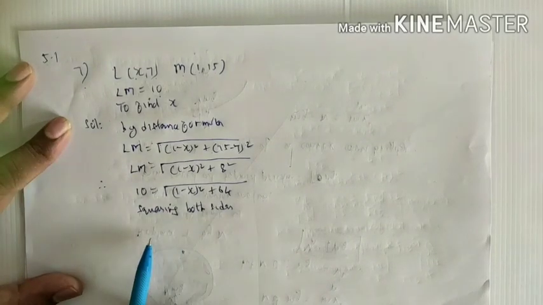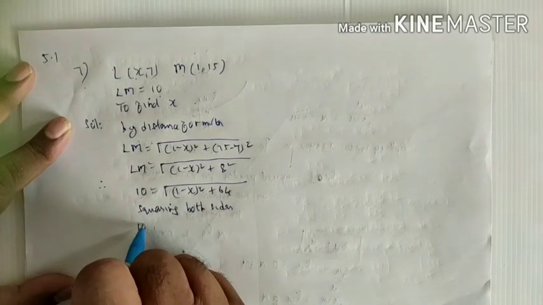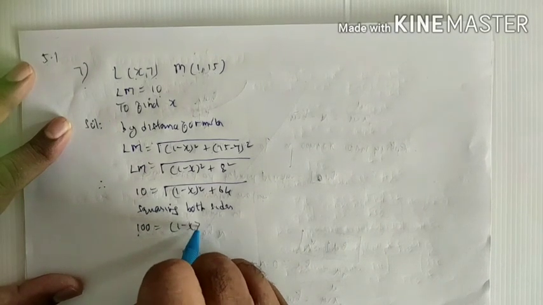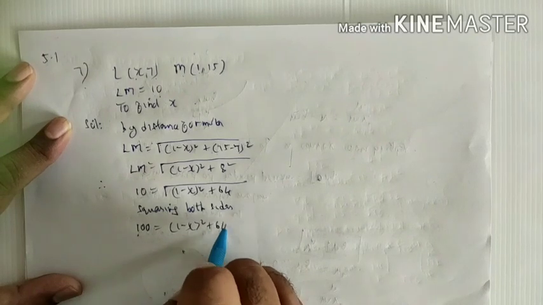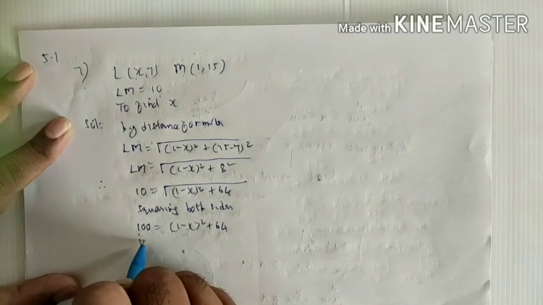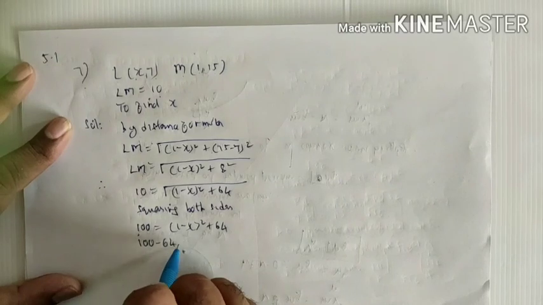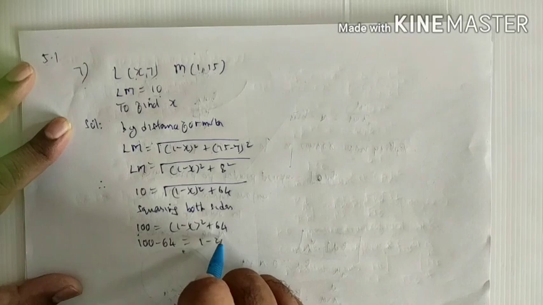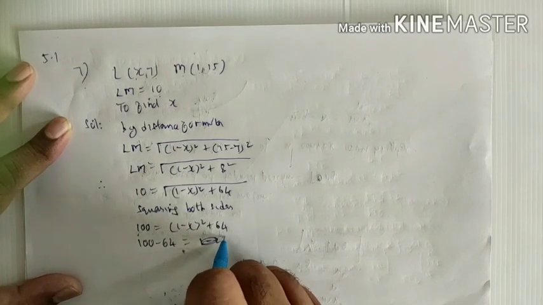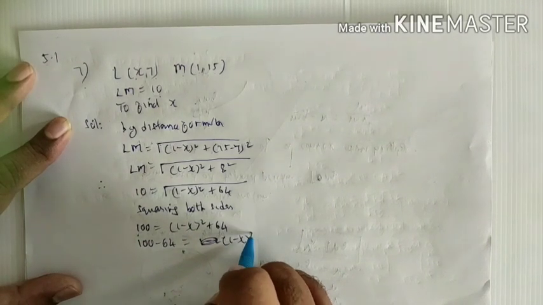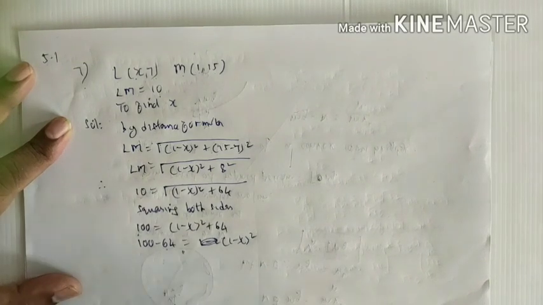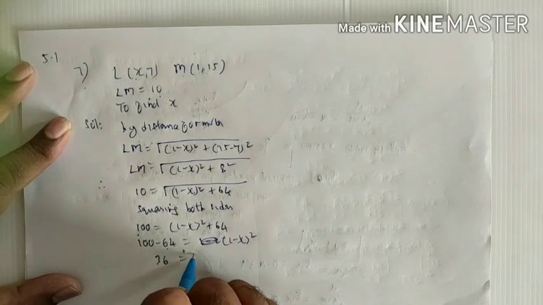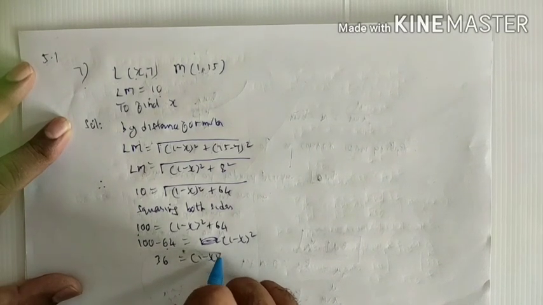We get 100 is equal to (1 minus x) whole square plus 64. Change the side: 100 minus 64 is equal to (1 minus x) whole square. 100 minus 64 is 36, so 36 is equal to (1 minus x) whole square.